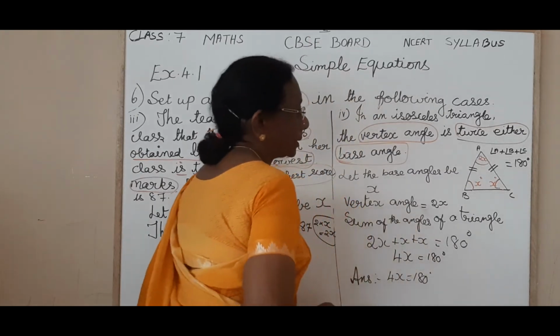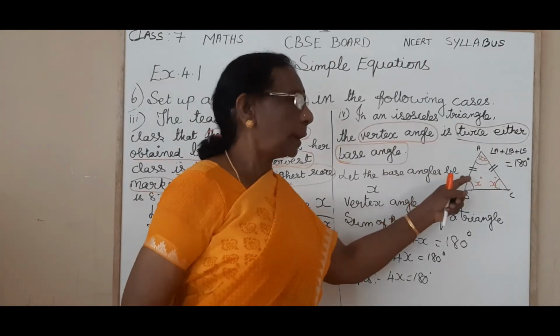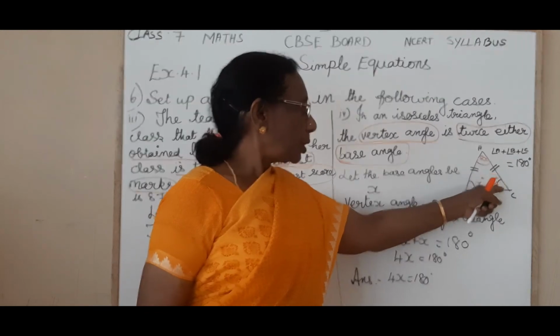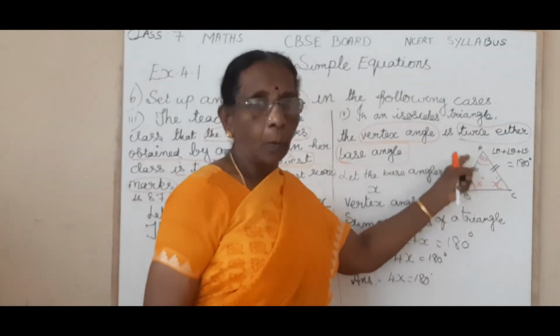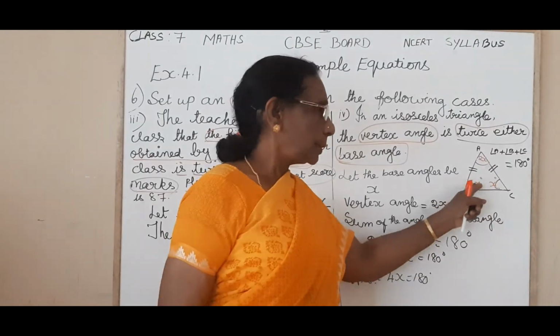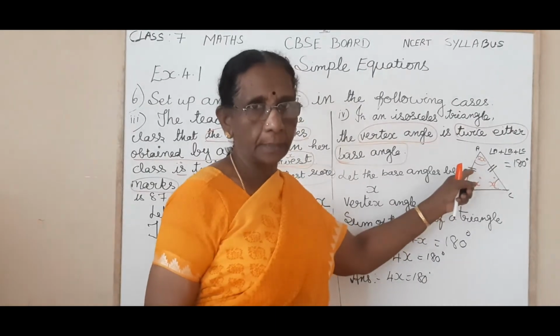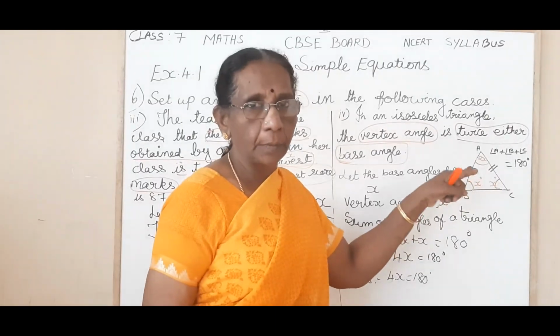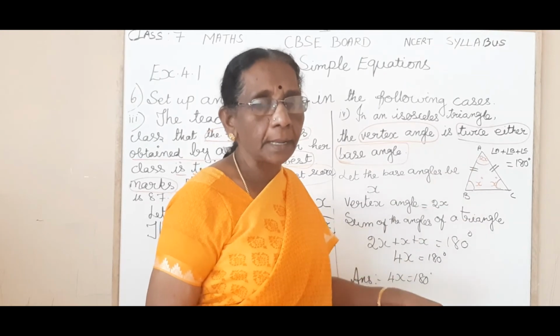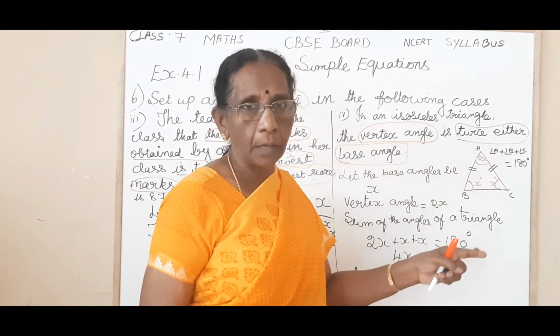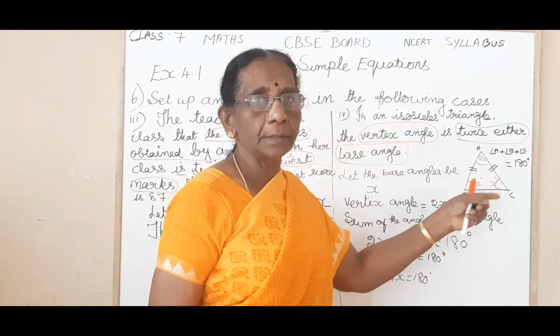Is it clear, children? So we are using the angle property of the isosceles triangle. What is the angle property? Base angles are equal in an isosceles triangle. Isosceles triangle means what? In an isosceles triangle, two sides are equal and the base angles are equal.